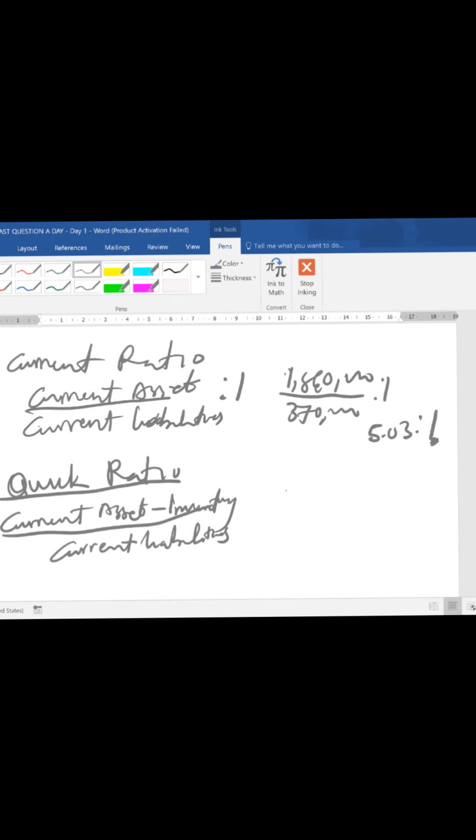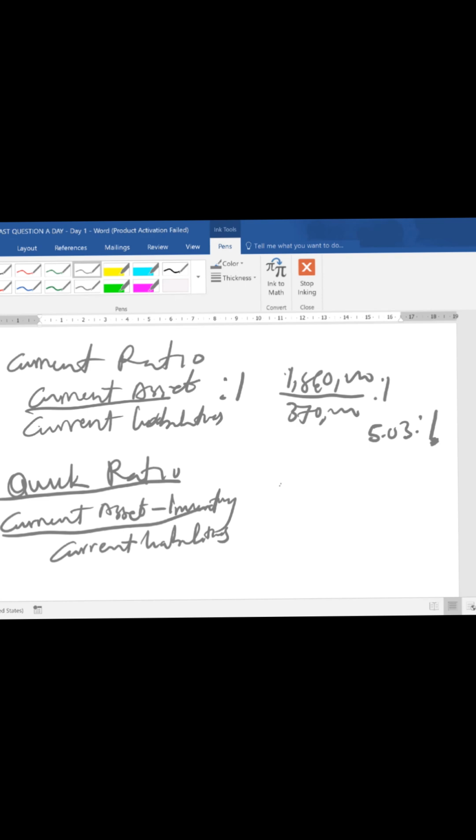So we have our current assets, which is 186. Then we are going to deduct our closing inventory, which is 550. It used to be 65, but we were told that 100 belongs to someone. So 186 minus 550.